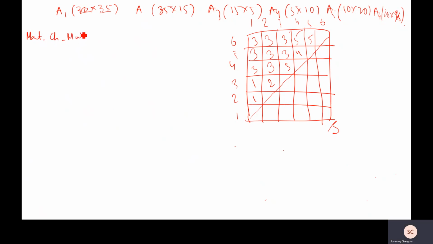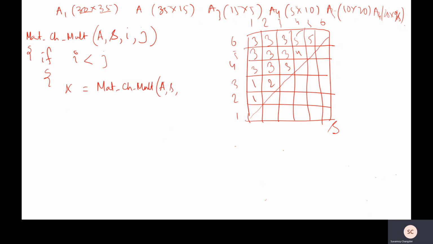So from here we can just write the matrix chain multiplication with A, that is the actual array of matrices, the S table, the initial index and the last index, the first index and the last index. If i is less than j, then x equals, we will call the same function, matrix chain multiplication with A, S, i, S[i][j], just whatever we have discussed.